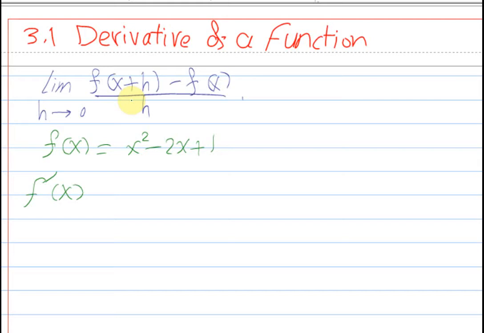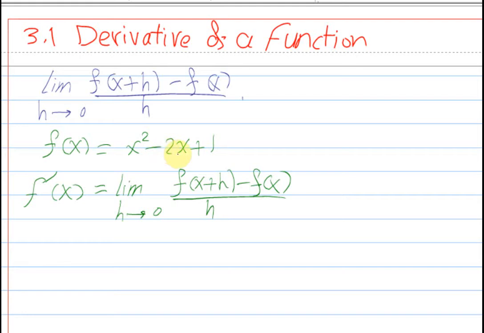So f prime of x equal limit as h approaches 0 of f of x plus h minus f of x over h.